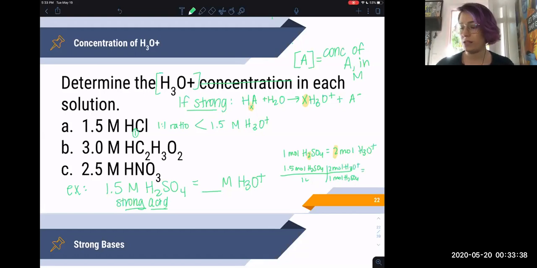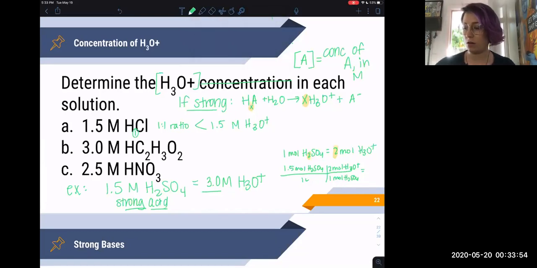So what is my concentration of hydronium? 3. Does that make sense? Take your concentration and just multiply it by the number of H's.